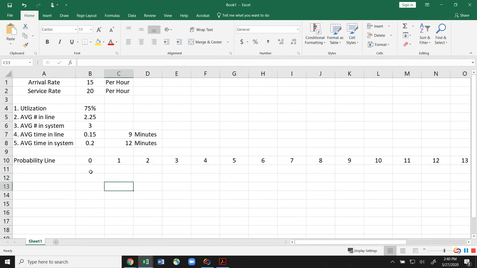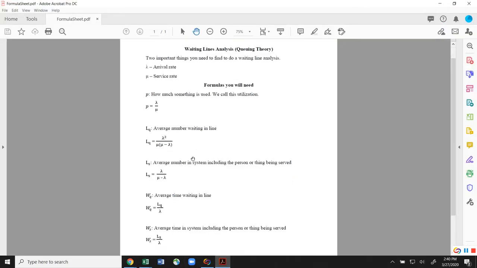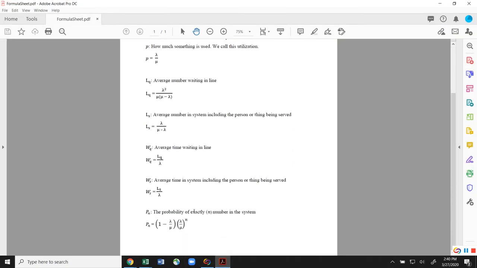We've done all those formulas on the sheet except that one there at the bottom, which you probably saw right at the start: the probability of exactly n number in the system. So this includes the person or thing being served. We can find the probability of any number, including 10,000 if we wanted.